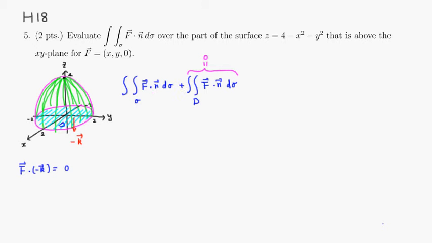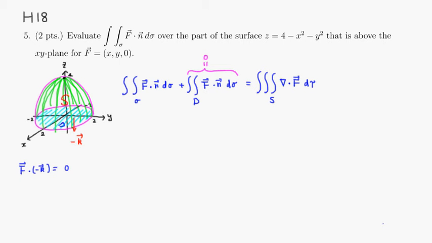From here, we can apply the divergence theorem. Instead of the double integral over the surface of this solid, we can do a triple integral over this solid. I'm going to call this entire solid S. Then we can just take the divergence of F, d tau, which is just the volume element.